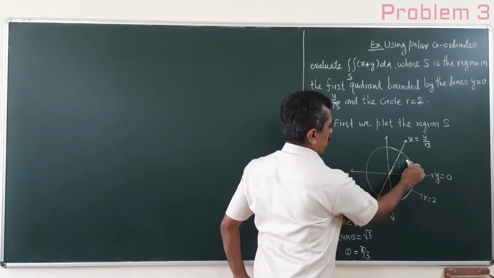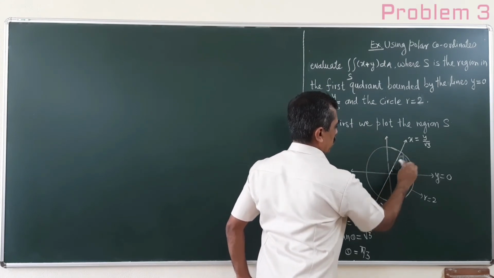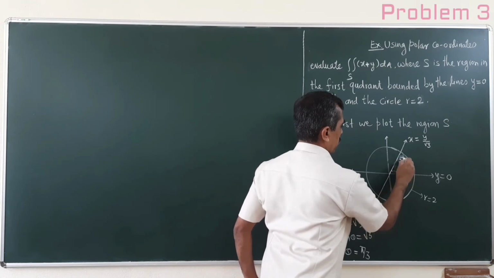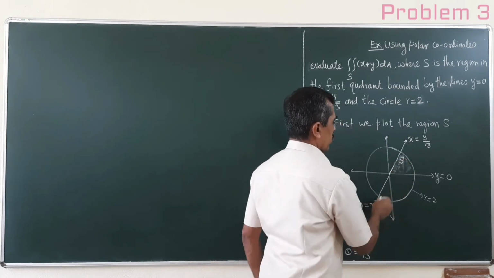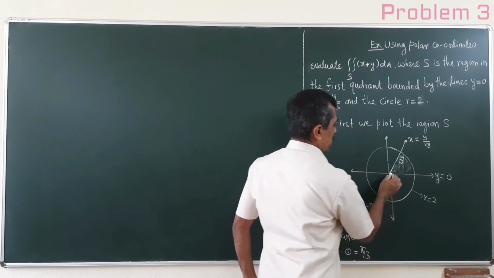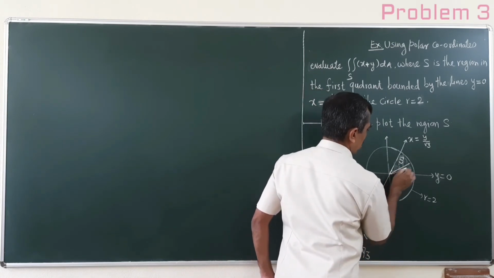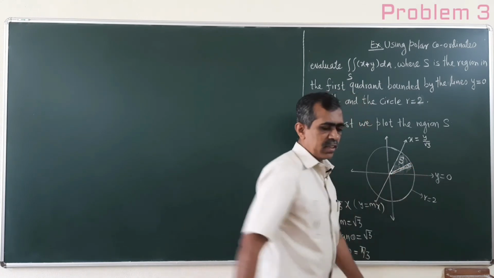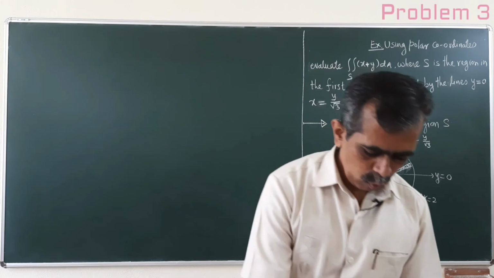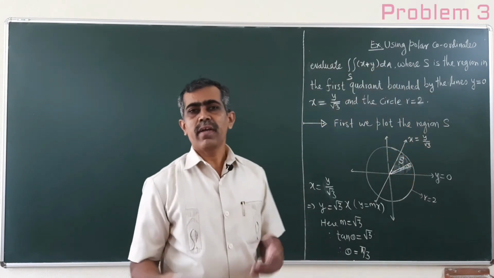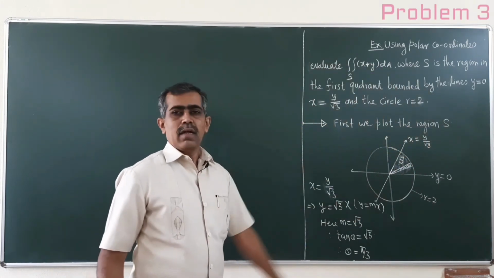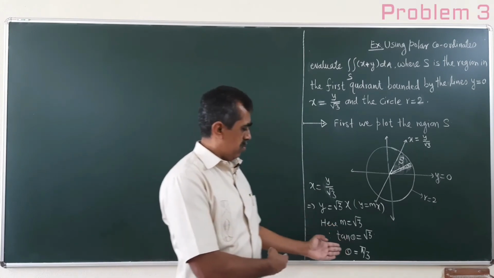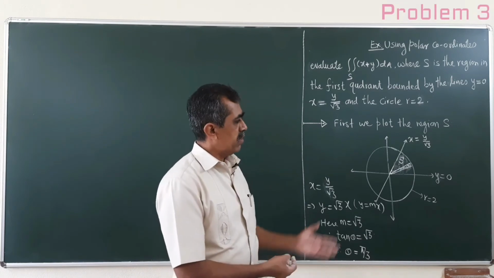So this is our S. Now you take a streak in this region and move this streak throughout to find the angle. Very clearly, in an easy way, you have the limits of theta.